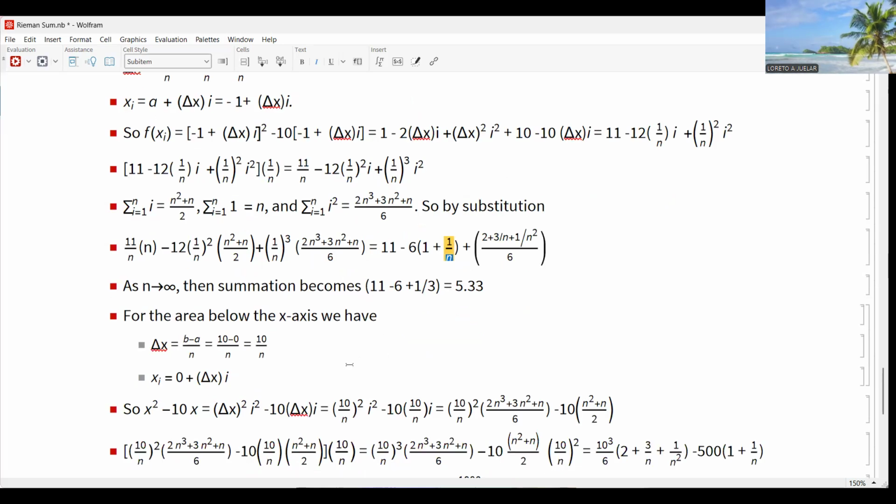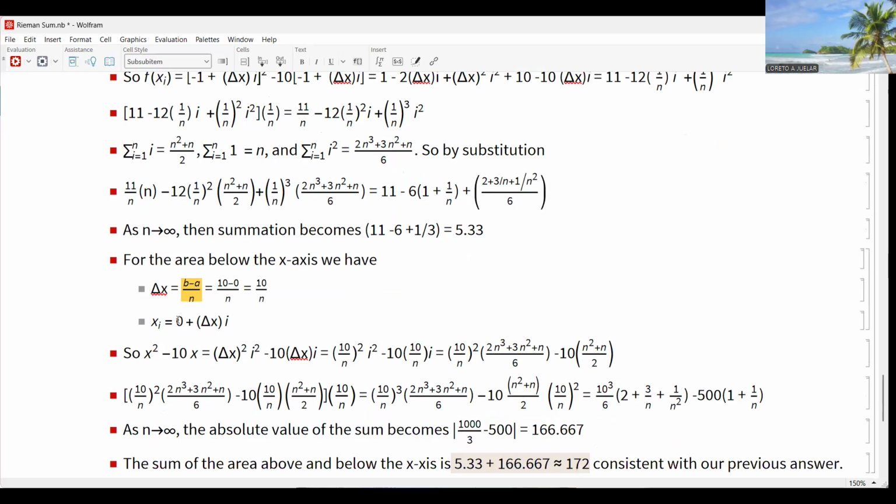So find the area below the x-axis. So here, our b is equal to 10. The initial limit here is equal to 0, because this is from 0 to 10. So all over n, so 10 over n is our delta x. Here our initial value for x is equal to 0. All right, so delta x times i.